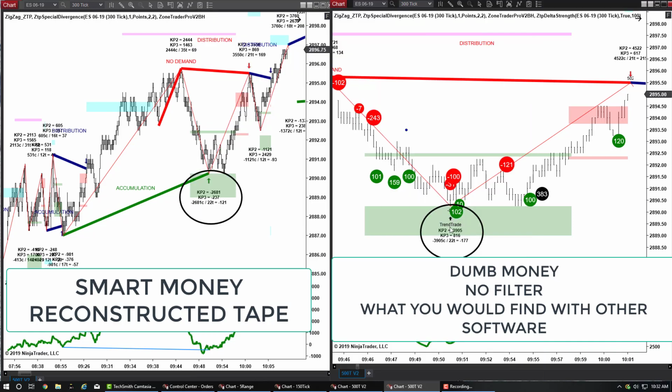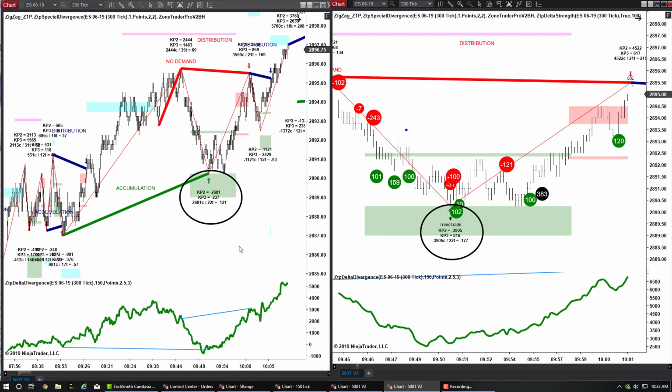So as you can see, the difference between the KP3 numbers is the chart on the left, which was showing the accumulation, had a negative 237, and the chart on the right had a positive 816. Now, because the chart on the right is making a higher low along with the KP3 number, that's why we don't see an accumulation trade here.